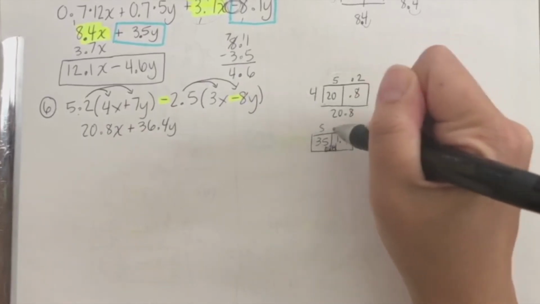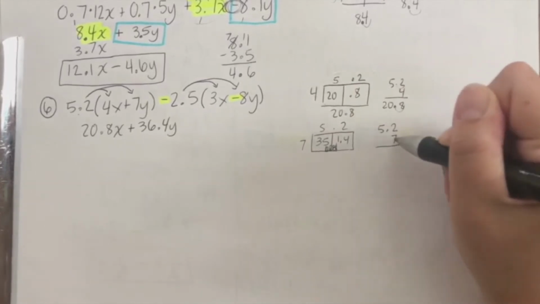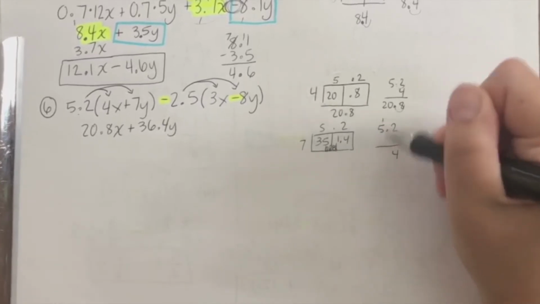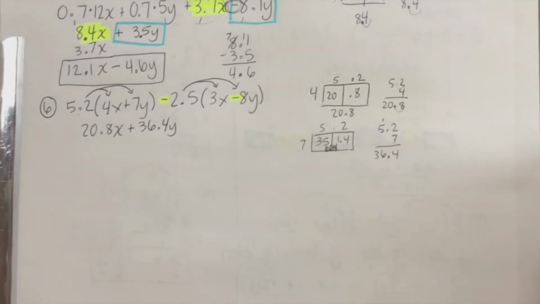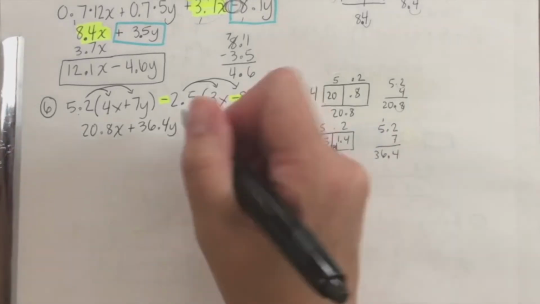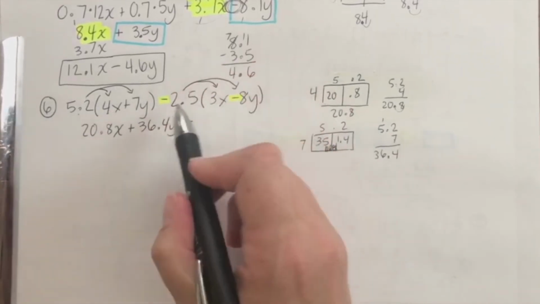So we can do it the old way, 5.2 and 7. 7 times 2 is 14. 7 times 5 is 35, plus 1 is 36, and 1 decimal place. All right, a negative times a positive is a negative.